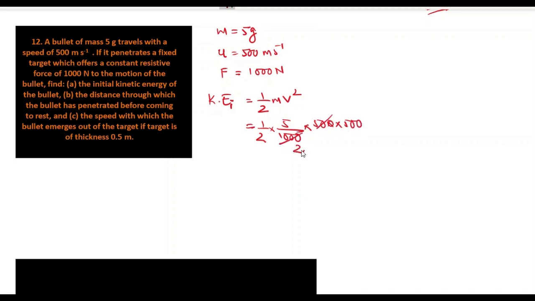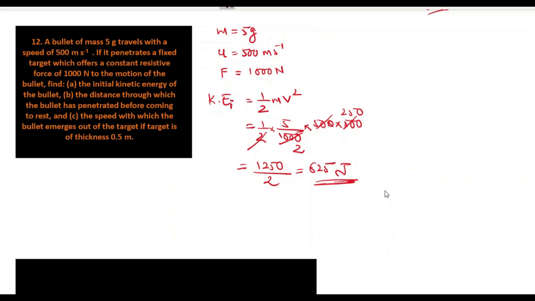So this will be 1250 divided by 2, so this will be 625 joules. This is the initial kinetic energy.